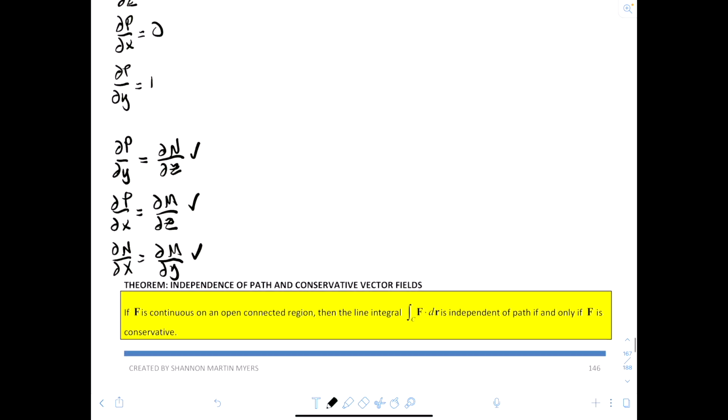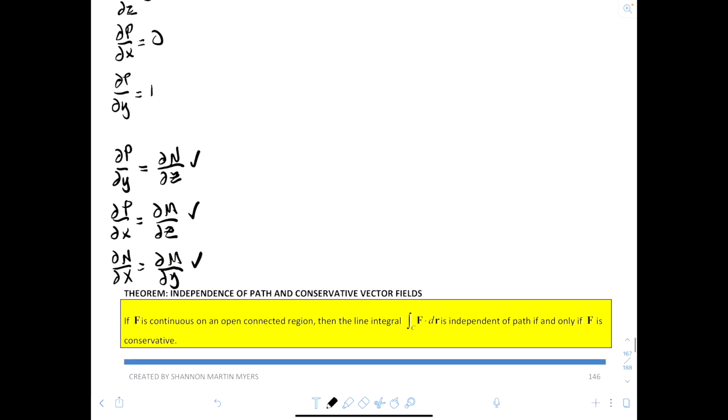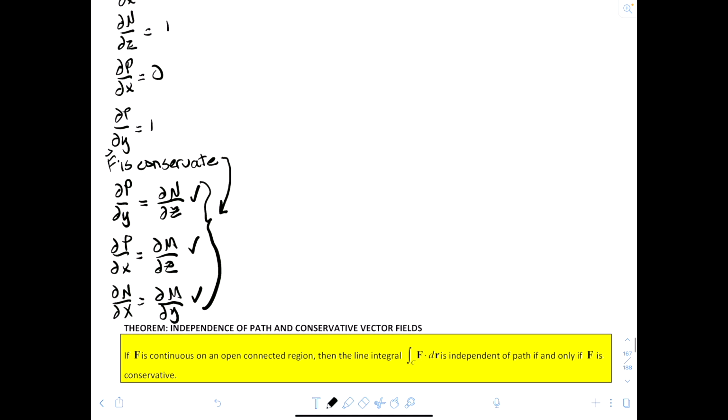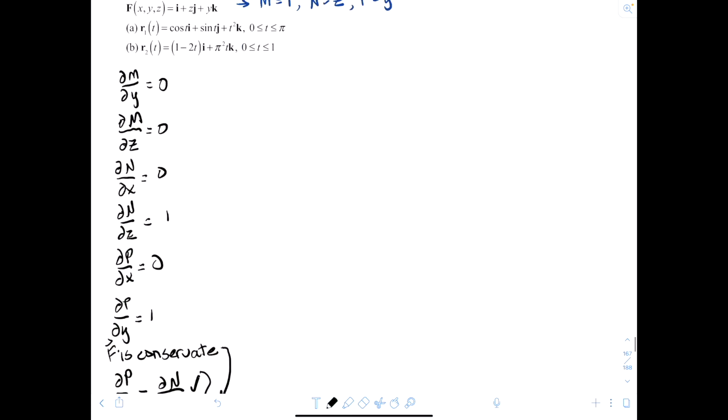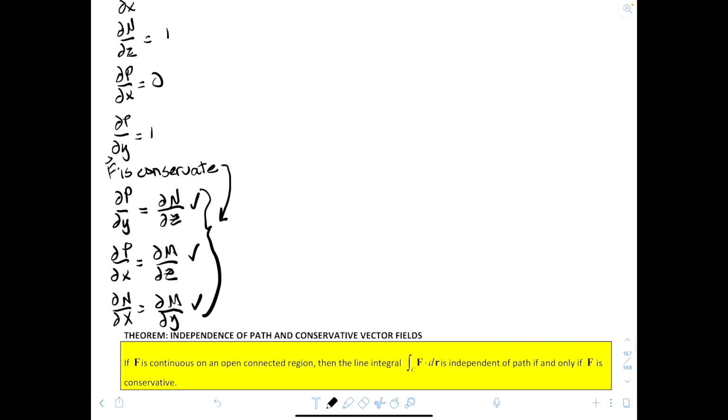Yep. So that means that F is conservative because of all of that. Right? Okay.